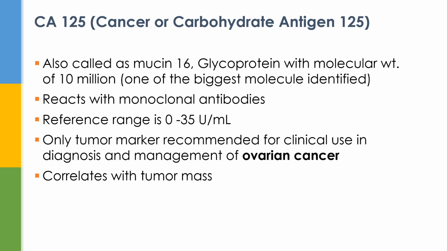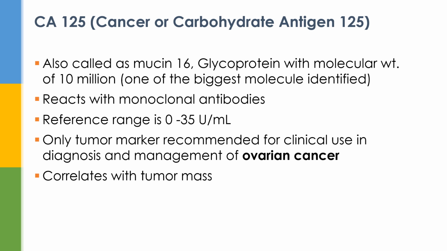Cancer antigen or carbohydrate antigen 125. It is also called MUC16, a glycoprotein with a molecular weight of 10 million. So it is one of the biggest molecules identified. It reacts with monoclonal antibodies and the values are less than 35 units per ml.